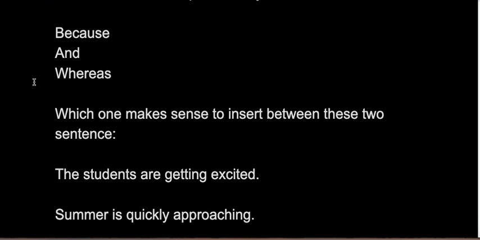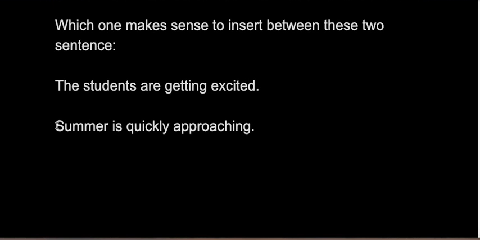Yeah, that works. The students are getting excited whereas summer is quickly approaching. Doesn't make sense because whereas indicates that we're going to have two opposite ideas. But the word because really is a good fit here. So I'm just going to insert that to show you.